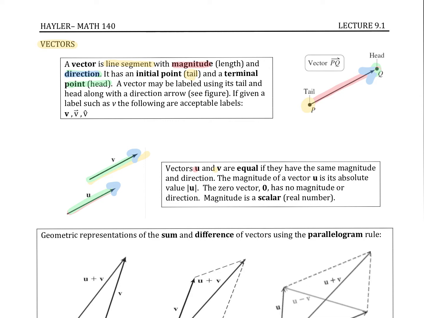Okay? So keep that in mind. The magnitude is its absolute value. Now, the zero vector, 0, has no magnitude or direction. Okay, the zero vector basically just is like a little dot 0. Doesn't have magnitude or direction. And the magnitude is called a scalar, which means it is a real number.